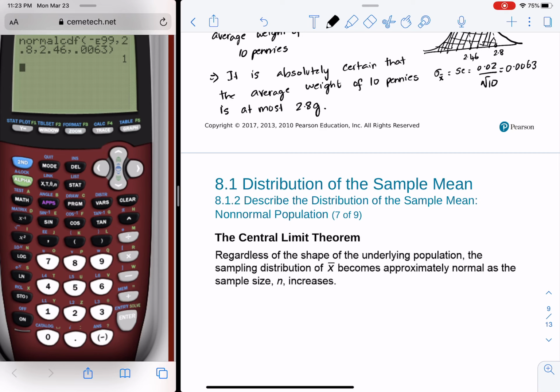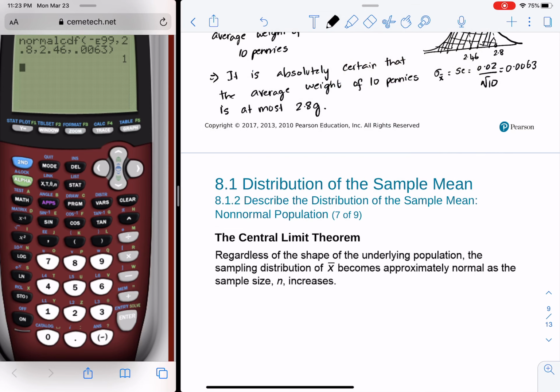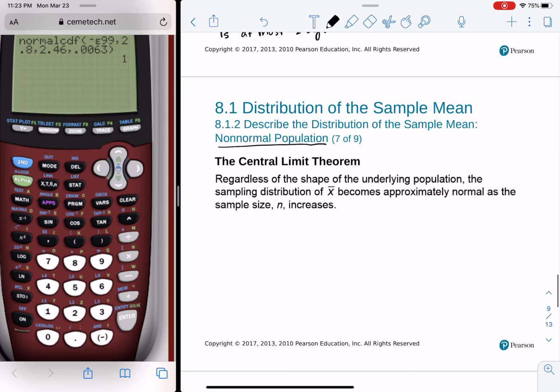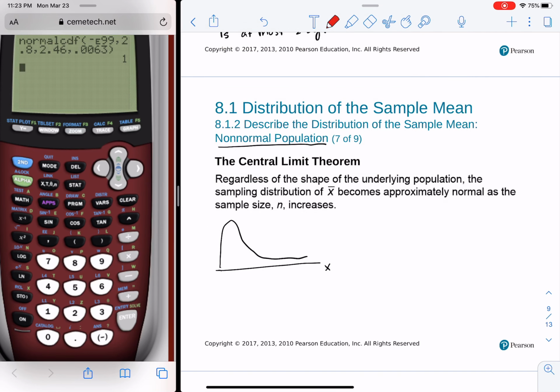So the central limit theorem is an important theorem in statistics, and it applies when we have a non-normal population. In the sense, X could have any distribution. For example, it could be right skewed, or left skewed. It doesn't matter.